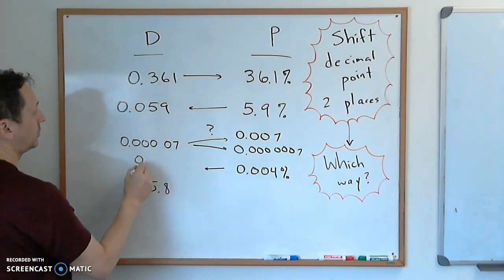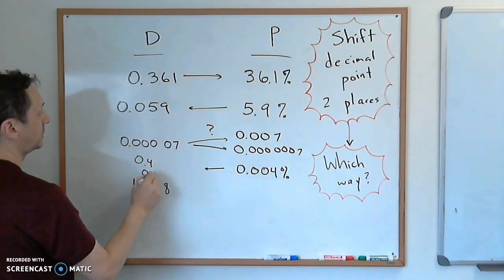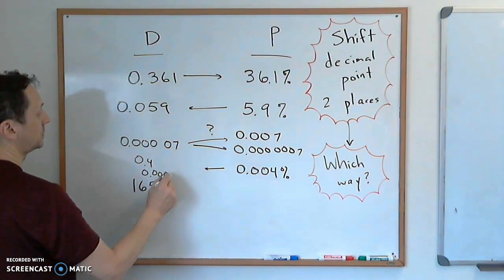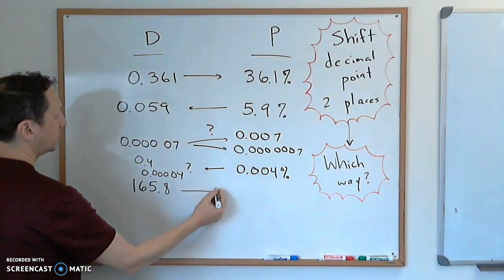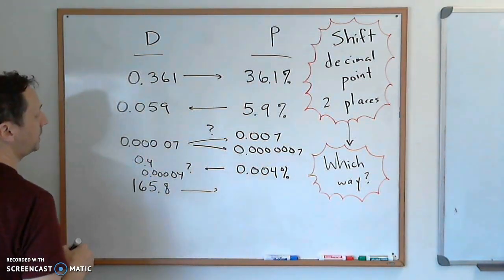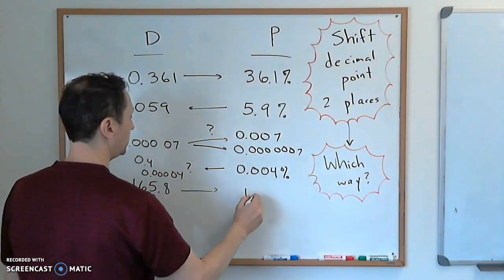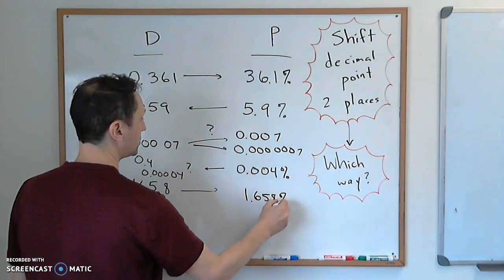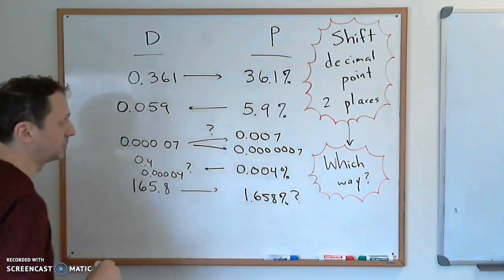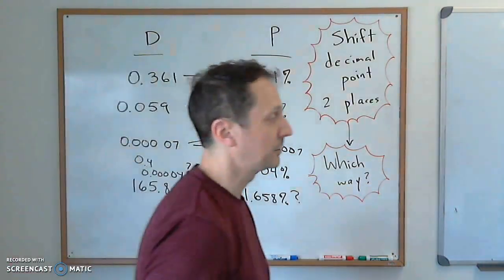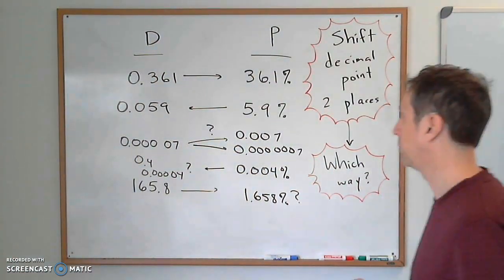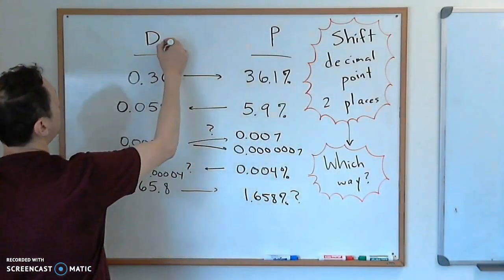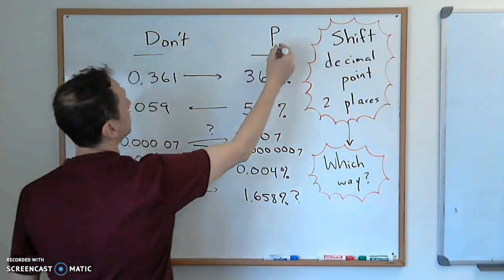Would it be 0.4 or 0.00004? Are you sure? Convert 165.8 into a percent. Is it 1.658%? Are you sure? Maybe you're starting to feel a little bit panicky. Left, right, I can't remember. I can't figure it out. I'm panicking.